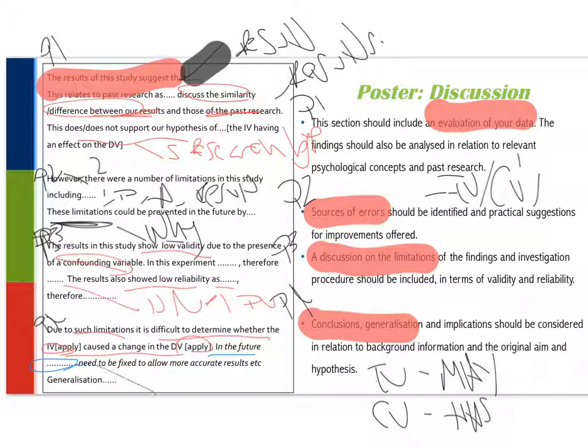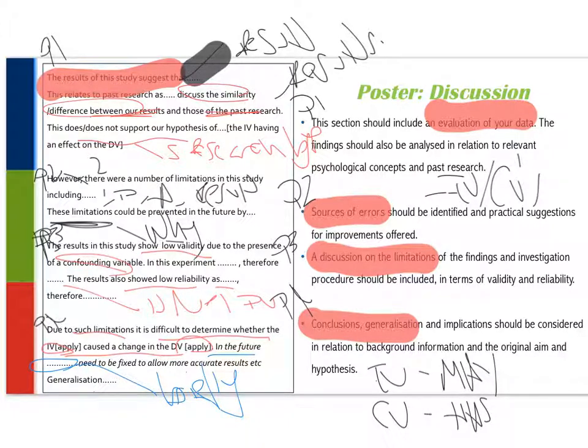Now this is going to be very brief. So you just name the CV, and name the fact that we didn't have any reliability or there was no consistency because we only did one trial. It needs to be fixed to allow more accurate results in order to get a better conclusion.